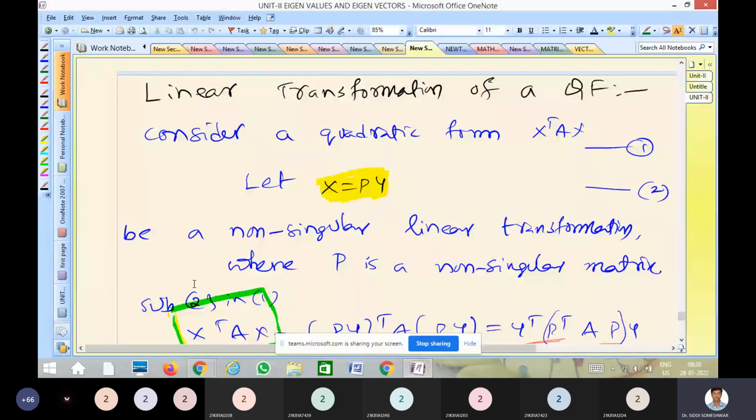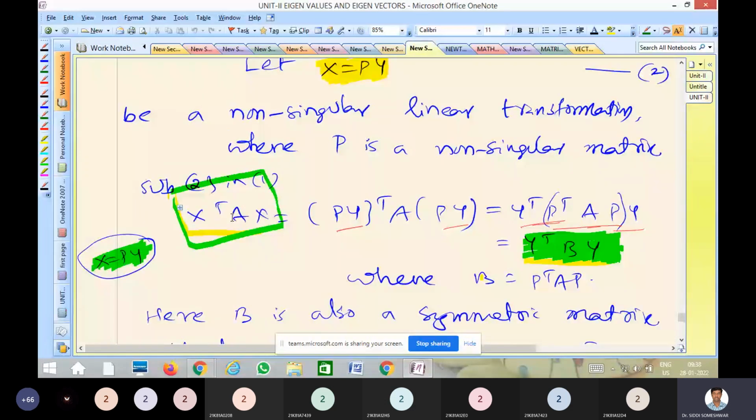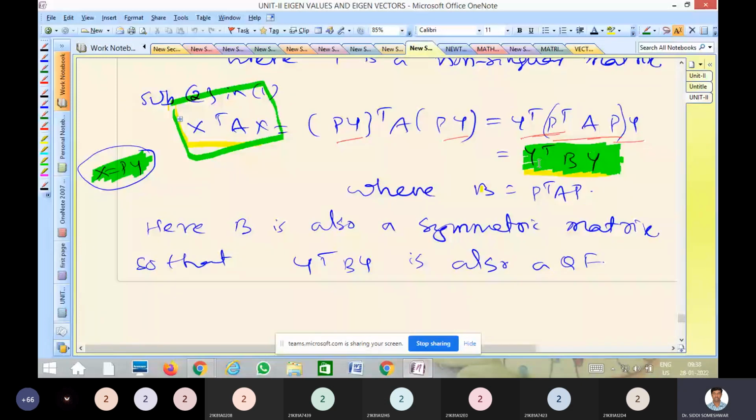Substituting X equal to PY in this quadratic form X transpose AX reduces it to another quadratic form, Y transpose BY, where B is P transpose AP, which is a symmetric matrix. Therefore, this Y transpose BY is also a quadratic form.